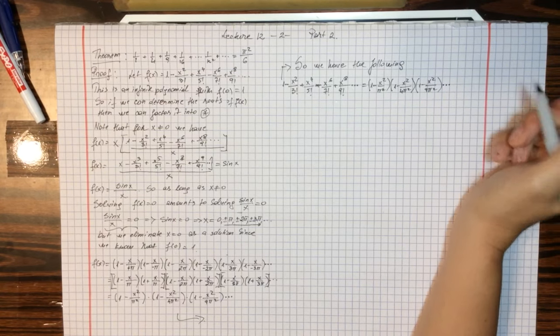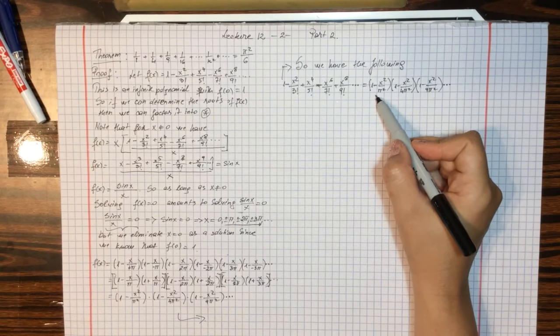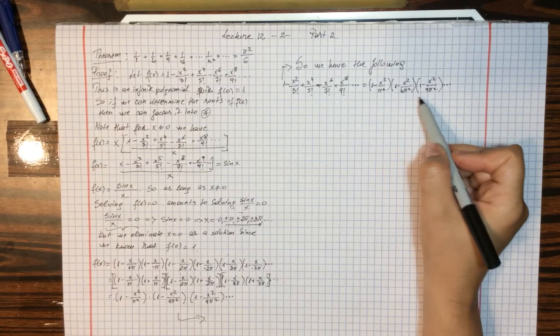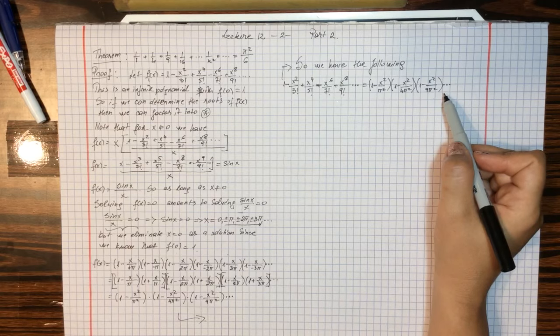Okay, great. So now what? Now Euler imagined actually multiplying out these things infinitely many times.